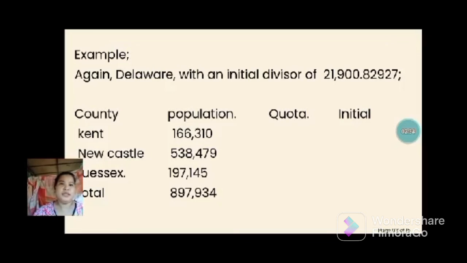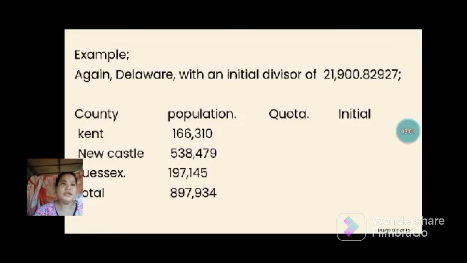Here are examples. Delaware with an initial divisor of 21,900.82927. With the counties of Kent, Newcastle, Sussex, the populations are 166,310, 538,479, 197,145, with a total of 897,934.